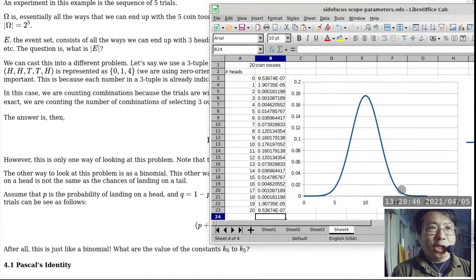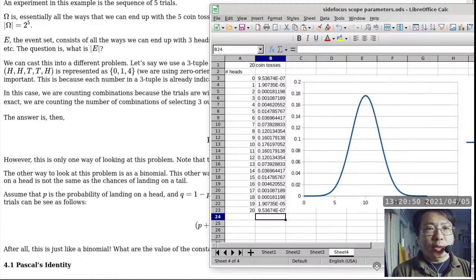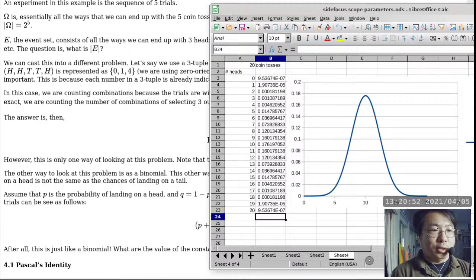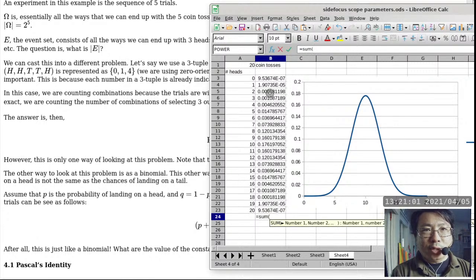It's the summation of everything that is possible. It's the summation of the probability of everything that is possible. What should it sum up to? Exactly. It is 1. So let's see whether that works here. Okay, so we are now summing all of these things and see whether it is going to be 1. It is exactly 1.